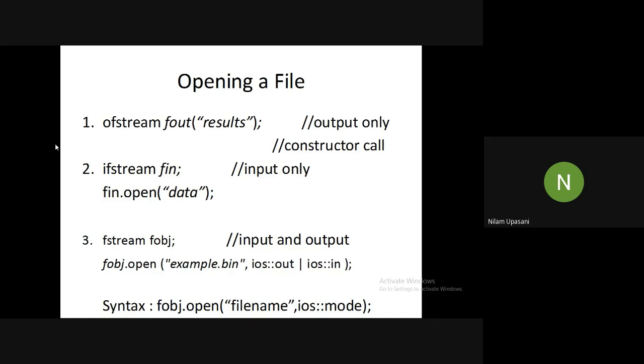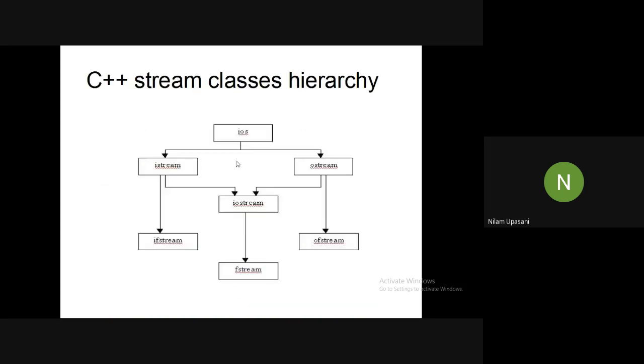So as I told you, we can perform different operations on the file. We may perform a write operation or a read operation on the file. Accordingly, we can use either an ofstream object or an ifstream object. If it is used only for input purposes, then I can create the object of ifstream. If it is used for output purposes, then I can create an object of ofstream.